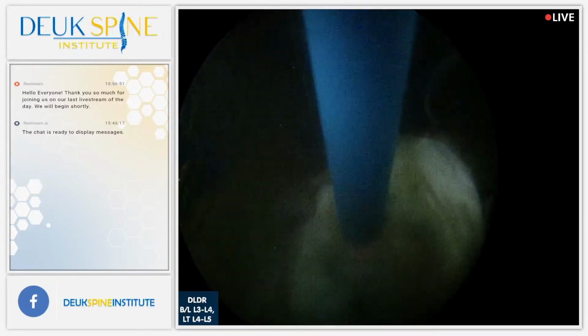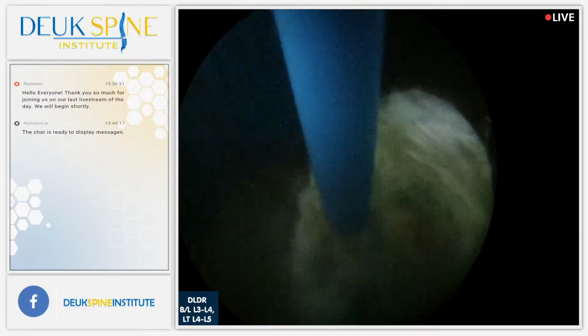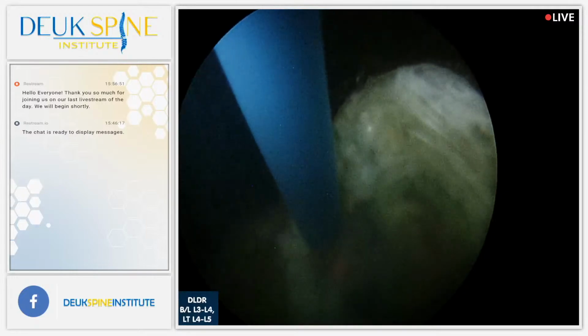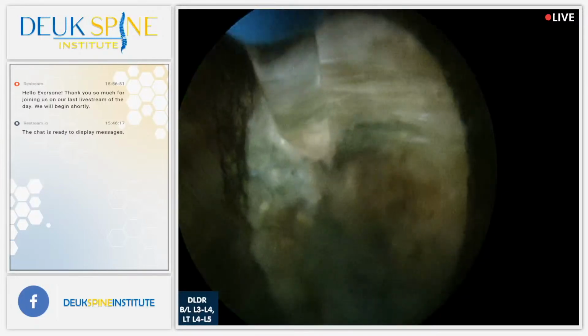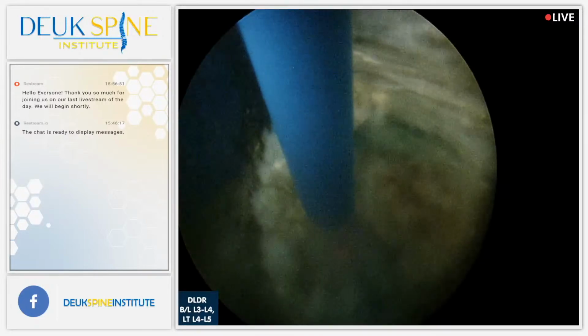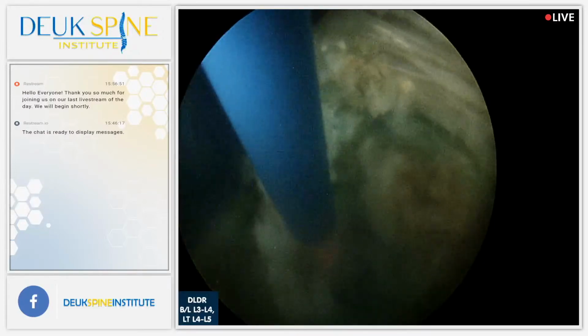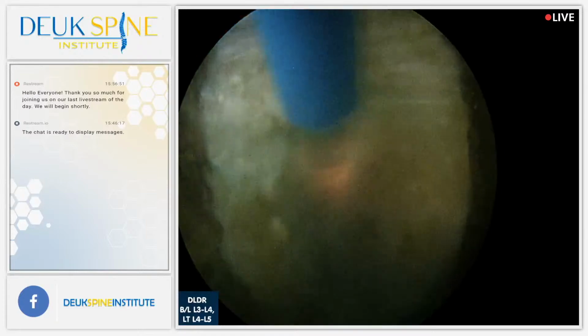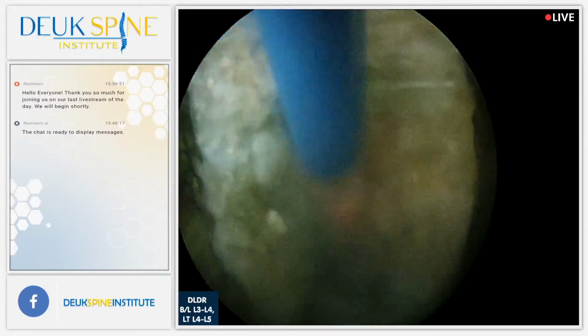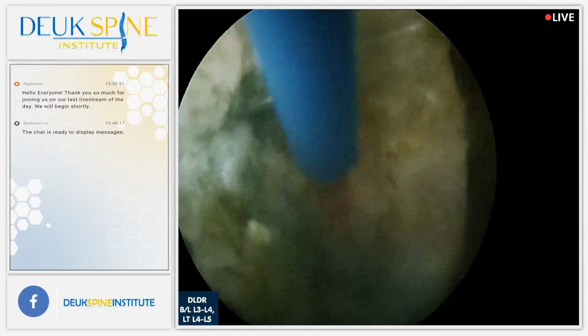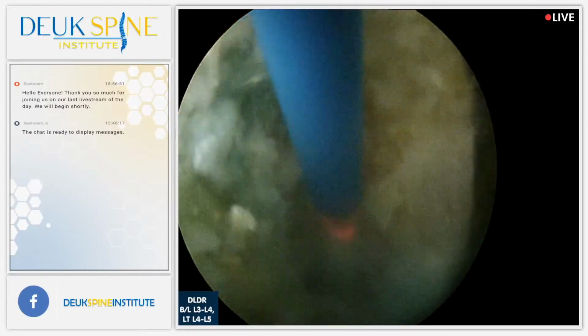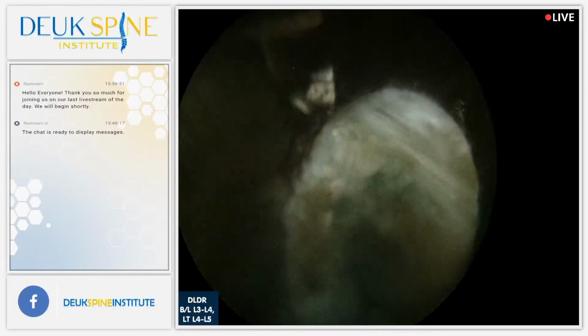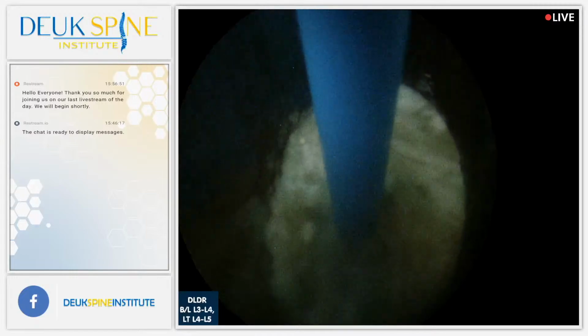Piriformis, SI, fractures, disc, facet, coccyx. Now you have orthopedic pain and back pain, because that's generalized orthopedic pain. You're going to have the shoulder, the hip, the knee, the spine, everything. Eventually we can do feet. We can do anything.